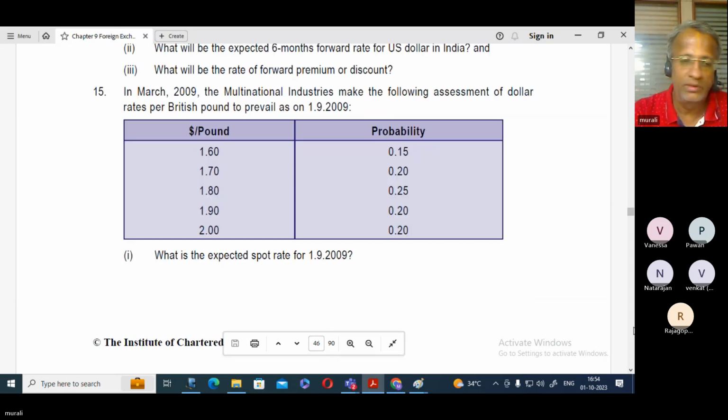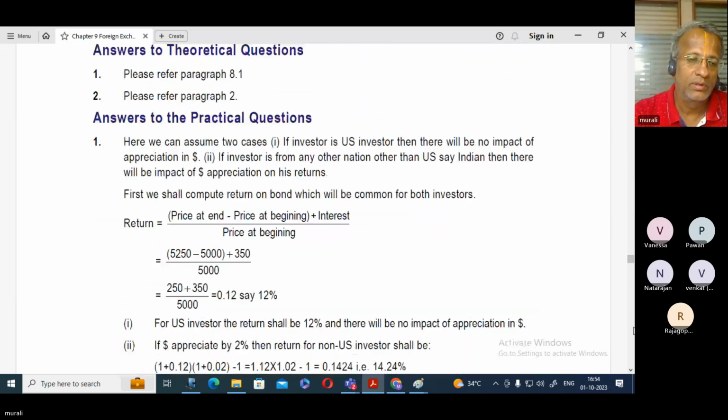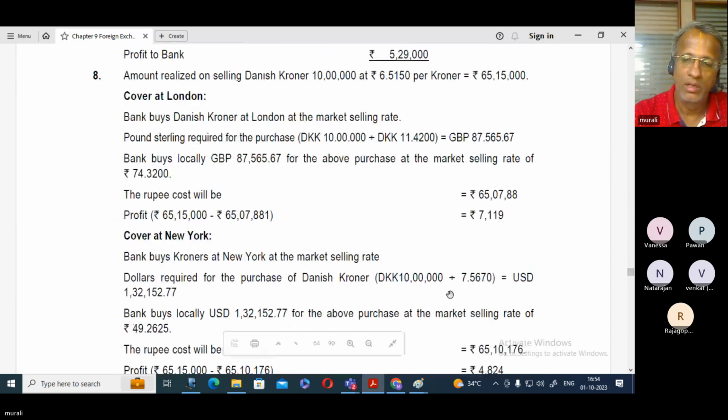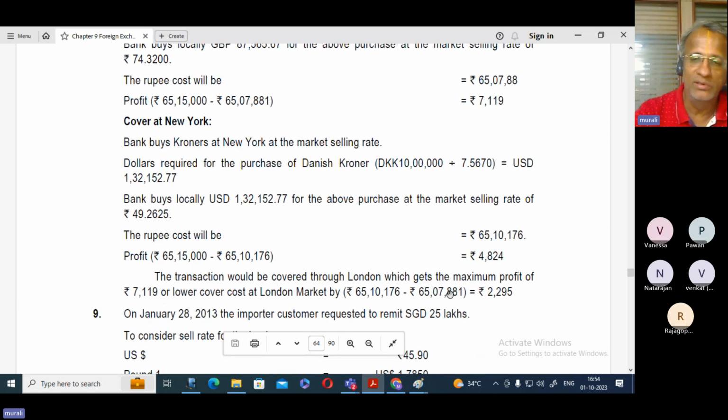Question number 8. I have just calculated on one particular matter, so they have computed it to the fullest extent.